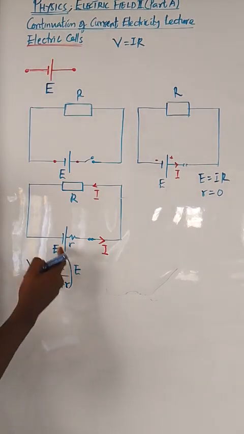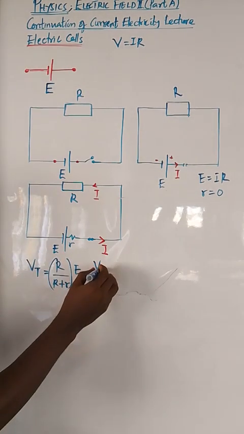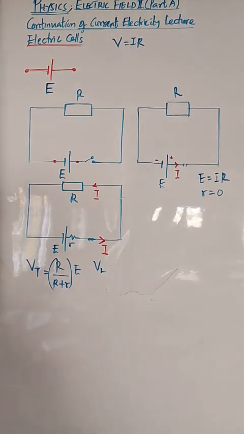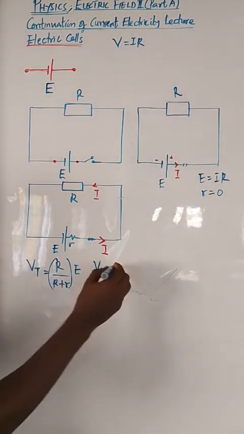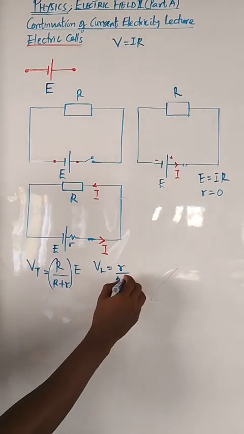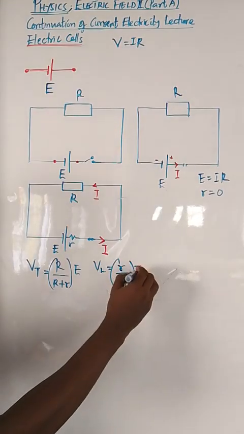And this small r is also going to receive a voltage. We call it VL, the loss voltage, and that will be, following the voltage divider rule, small r over R plus r, times E.